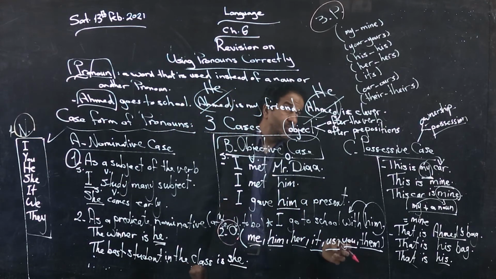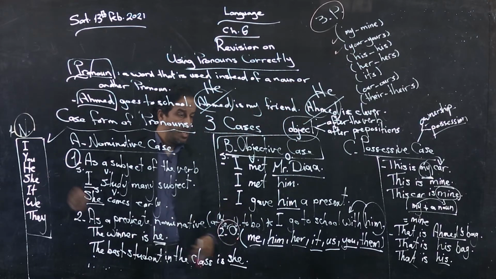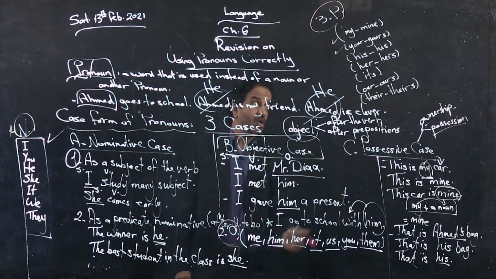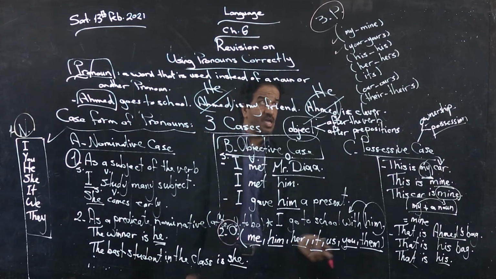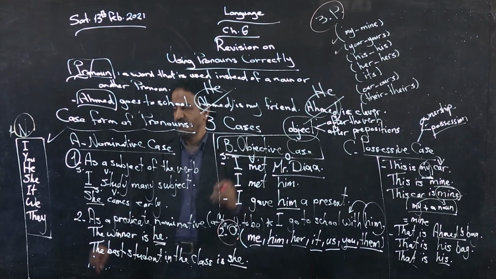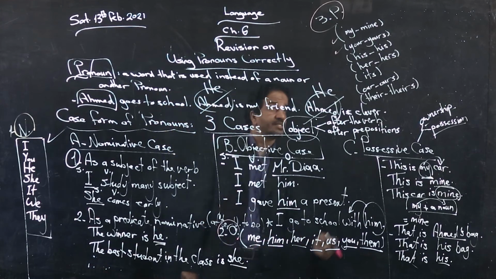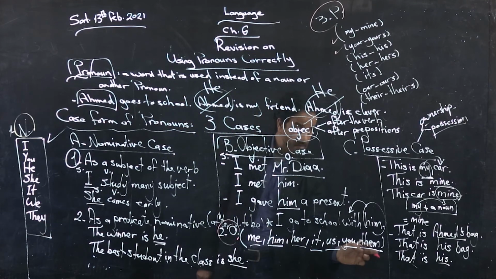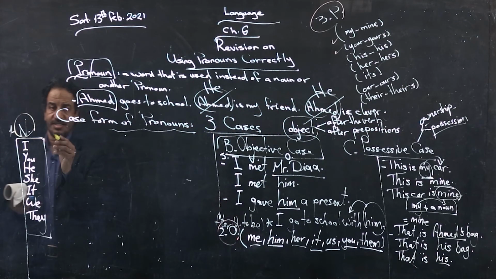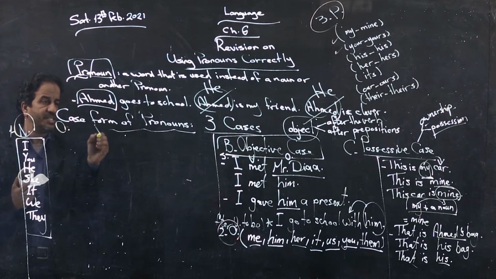You, your, yours. He, him, his. She, her, hers. It, objective case, its, possessive. We, us, our, ours. They, them, their, theirs. Any problem? Okay.